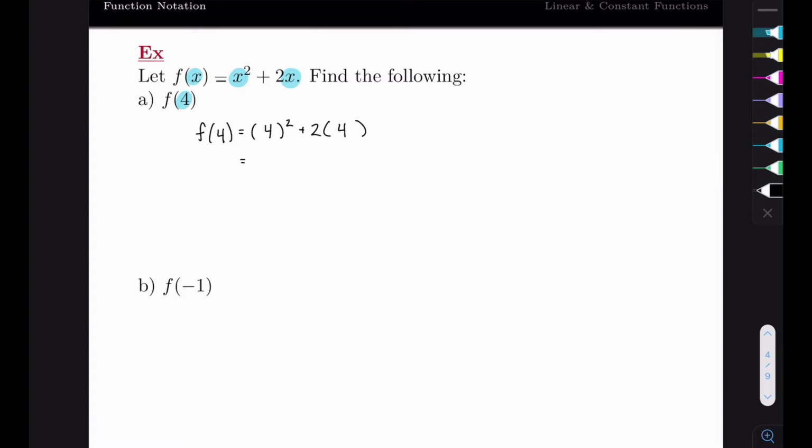Going through our order of operations, 4 squared is 16, and then 2 times 4 is 8. If we add these together, we get 24. So this is our function evaluated at 4. What this means is when your input is 4, your y value corresponding to it is 24. So this is a point on the graph.